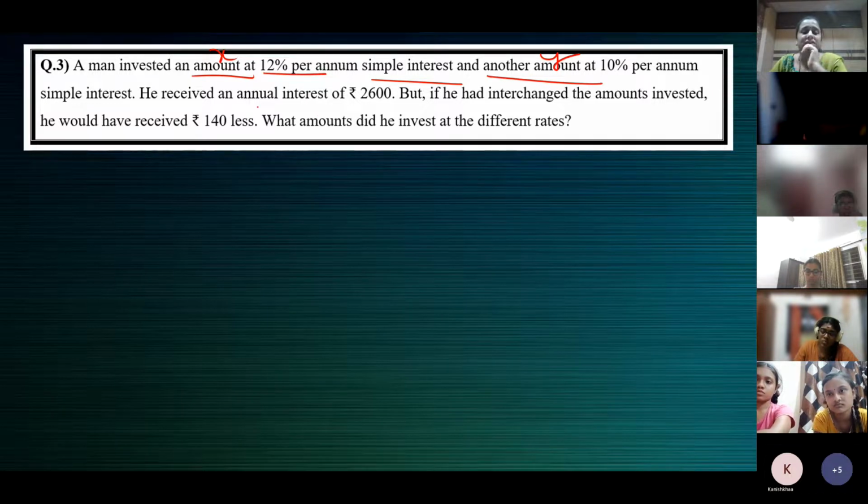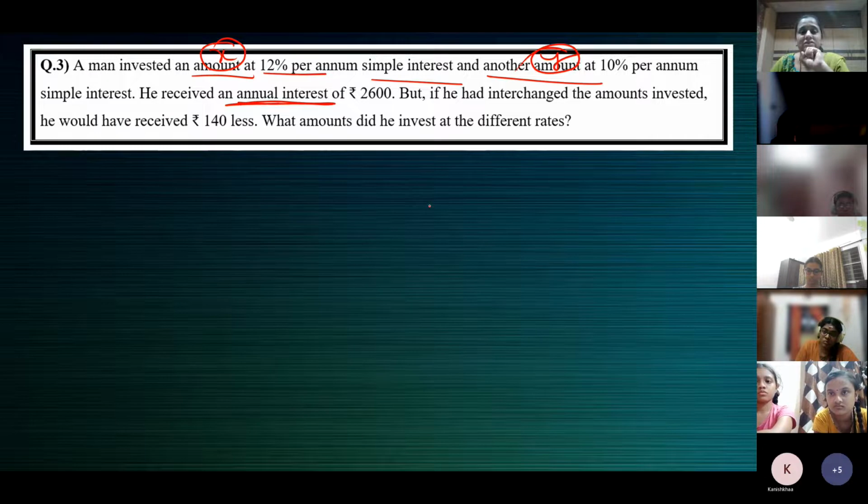He received an annual interest. Look at this. The interest is annual interest. From what will he receive annual interest? From this investment of rupees X and from this other investment of rupees Y. This man has invested two different amounts, rupees X at 12% simple interest, rupees Y at 10% simple interest.